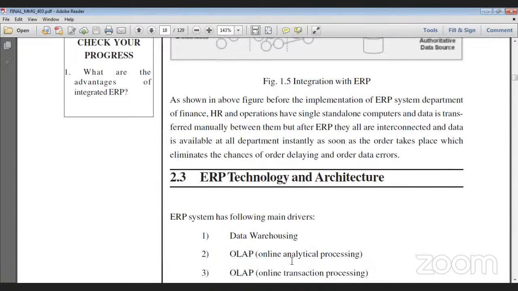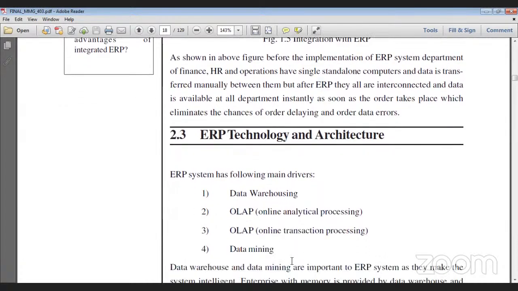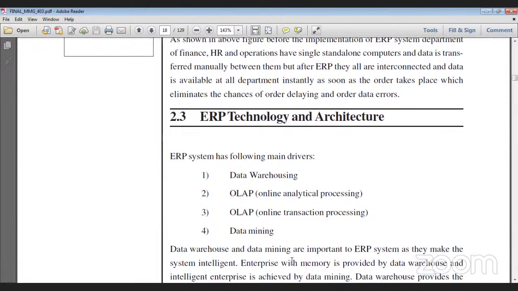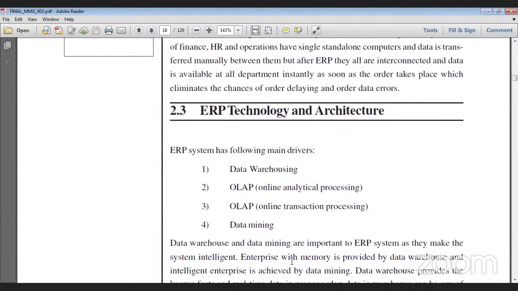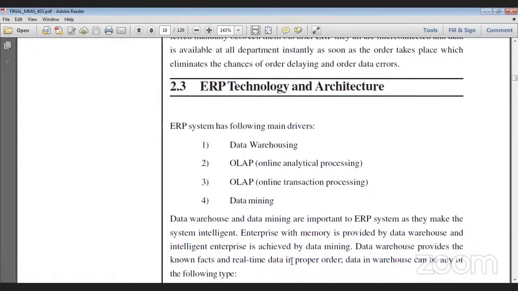These are the four main drivers. Data warehouse and data mining are important to an ERP system as they make the system intelligent also. Here, the enterprise memory is provided by the data warehouse and the intelligent enterprise is achieved by data mining.